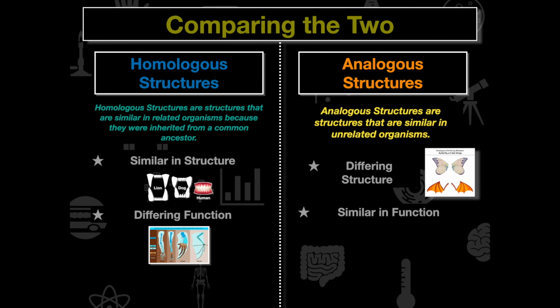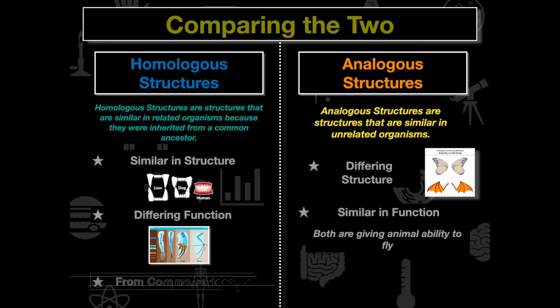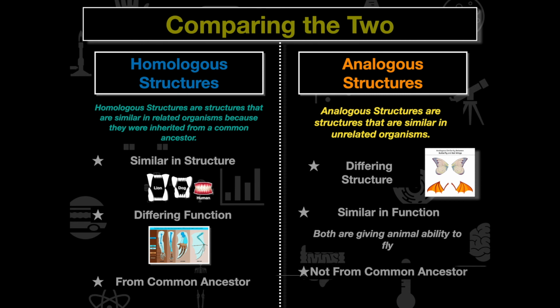Well, the bat, we have the same bone structure, but the bat wing allows them to fly. In the case of the dolphin, it's going to be a flipper to allow them to paddle in the water. And then the hand and the leg of the dog are going to allow it to walk in a terrestrial environment. Now, if we look at the bat and the butterfly wing, they're both giving that individual organism the ability to fly. Now, lastly here, in a homologous structure, this is the big one, it comes from a common ancestor. Whereas analogous structures are not coming from a common ancestor.